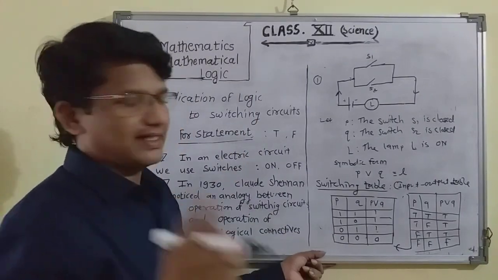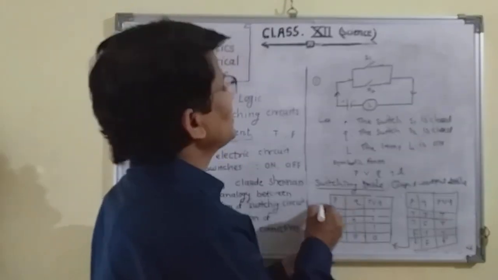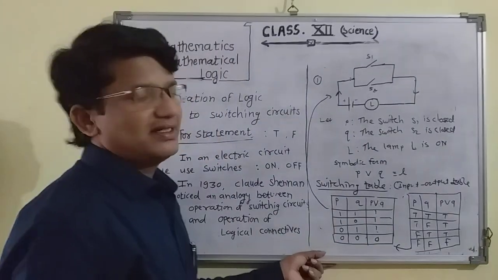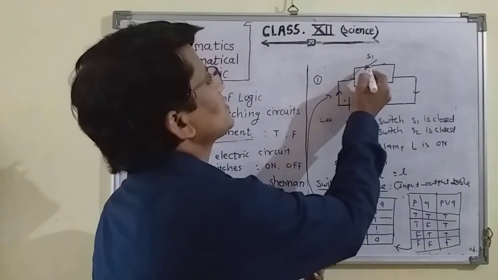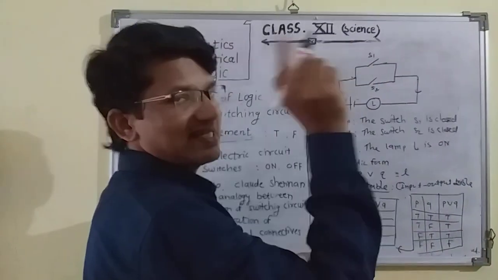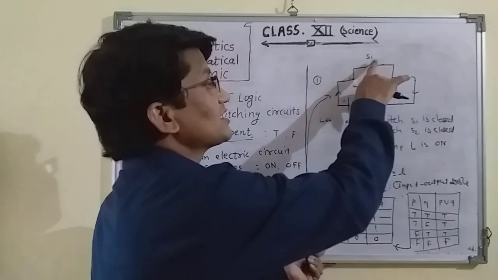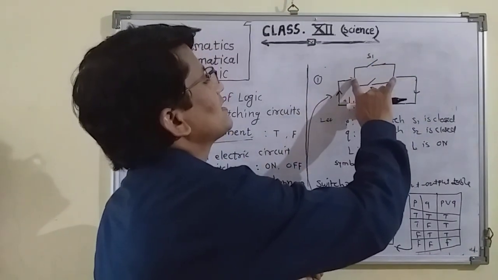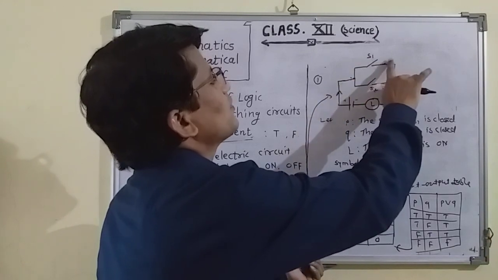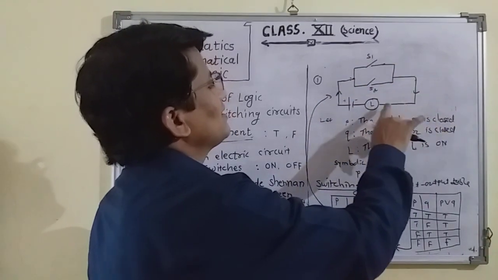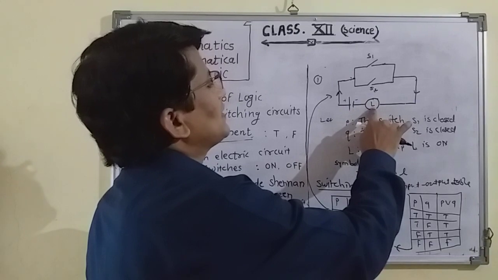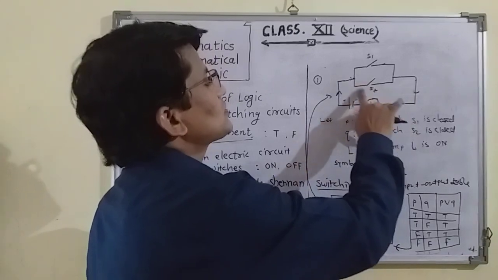Now let us check this truth table in this condition. If the current passes through the above part, meaning wire S1, meaning S1 is closed. If S1 is closed, then what? Current will go from this point to the other point and the lamp will glow. S2 is also closed.